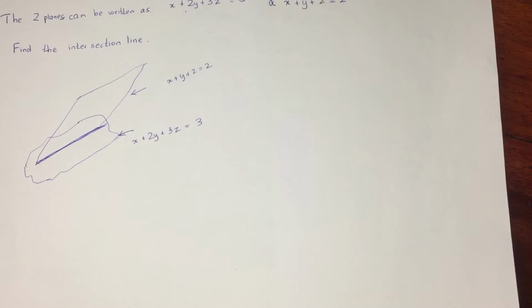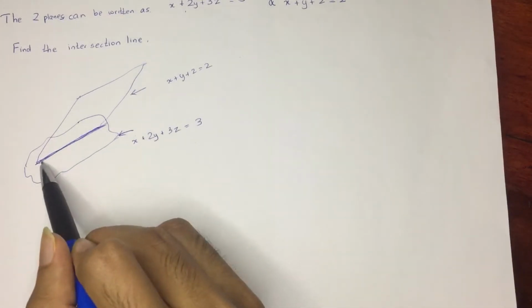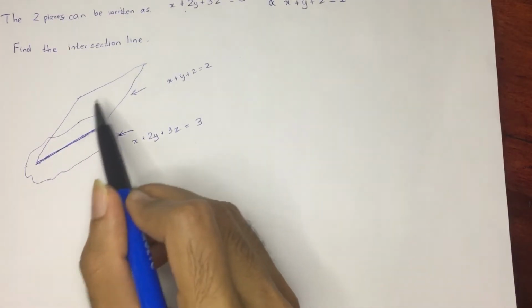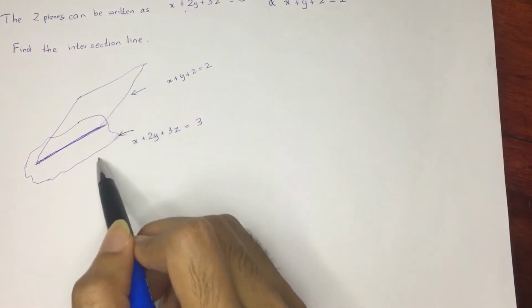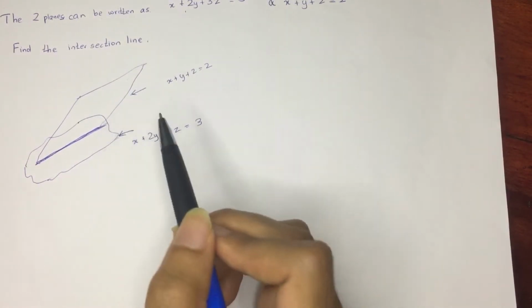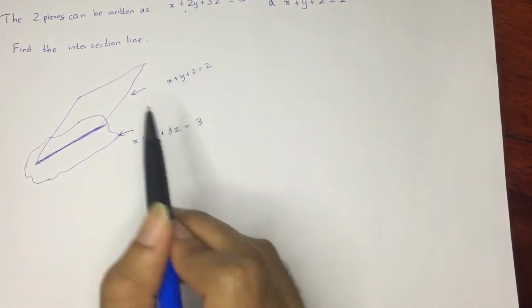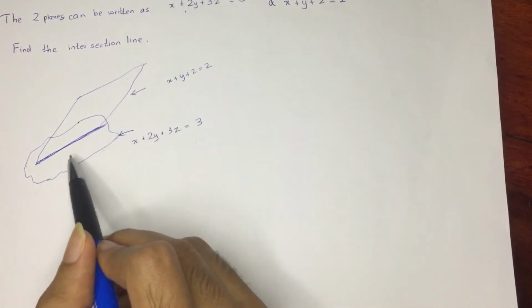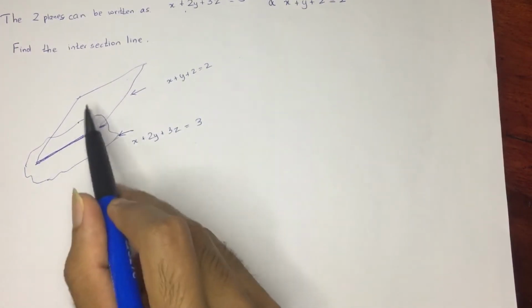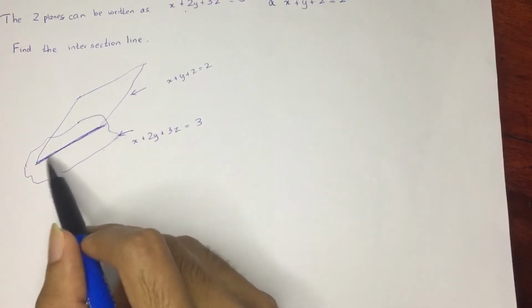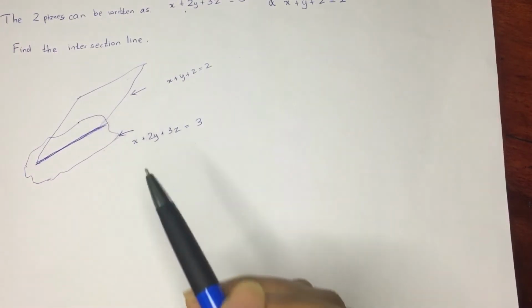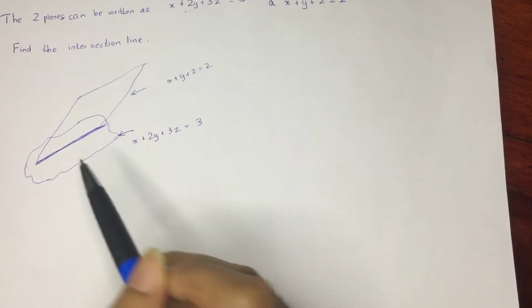Here we can directly tell this line is going to lie in this plane as well as in this plane. So the main thing, the hidden data inside this question, is that this line lies in both planes. So how do we use that?